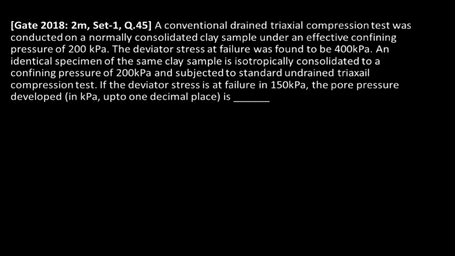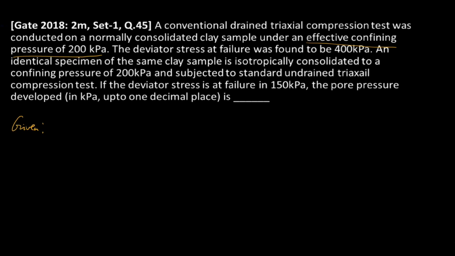In this question, they have given that a conventional drained triaxial compression test was conducted on a normally consolidated clay sample under effective confining pressure of 200 kilopascal. So we'll write down the given data.